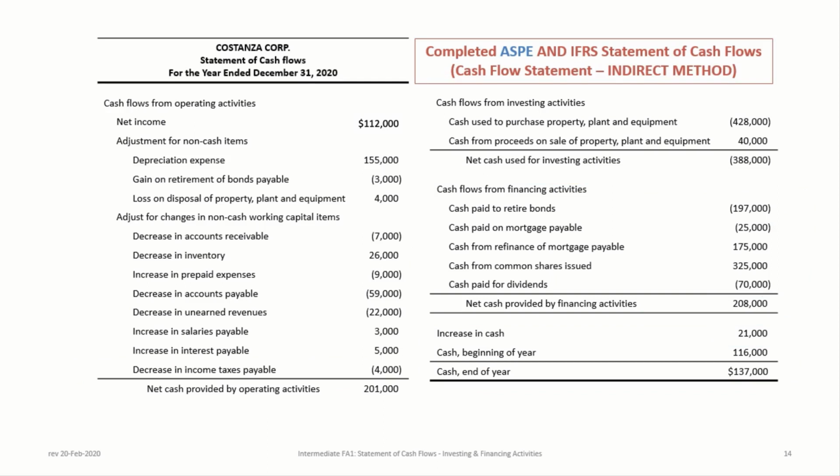Here is our completed statement of cash flows for the year ended December 31st for Costanza Corp. This statement is acceptable under both ASPE and IFRS, and it paints an interesting picture. It tells us that the company generated $201,000 in cash from operations, and it undertook some financing activities to generate additional cash of $208,000.